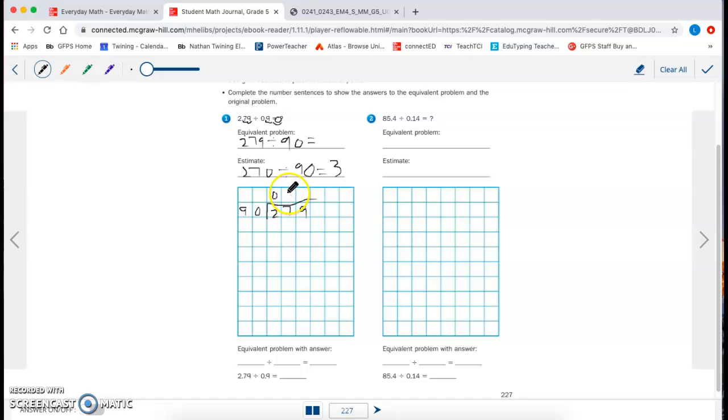No, it does not. 9 goes into 27, but 90 does not. All right. Does 90 go into 279? Yes, it does. It does 3 times. So that's just the math I did up here. So I get 270. Then I subtract, and I end up with 9.